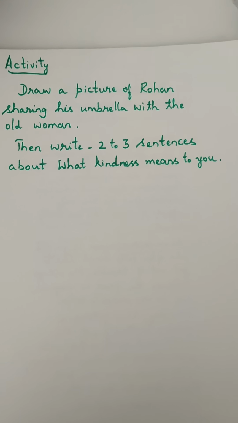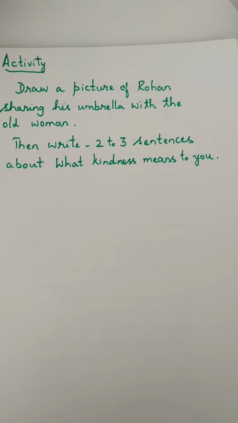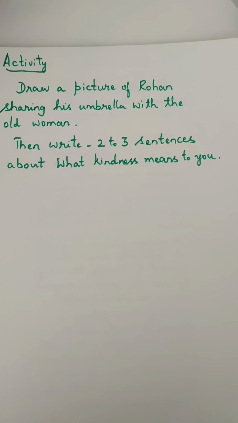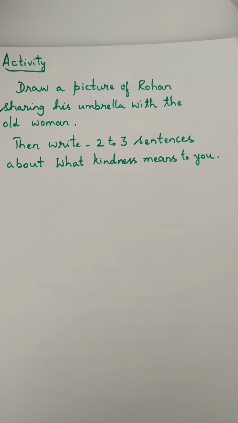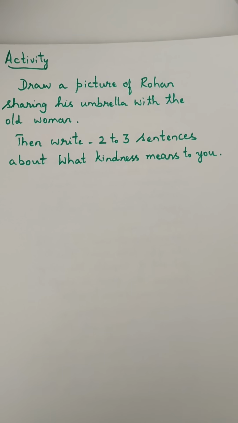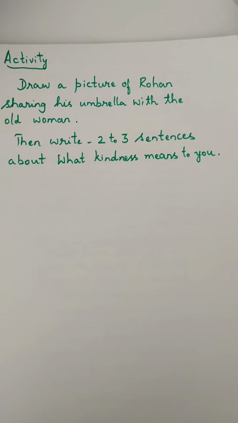Then after drawing, you have to write 2 to 3 sentences about what kindness means to you. So you understood how far Rohan helped everybody because he was very kind. Now, if you are kind to others, you get a very good name from others, isn't it?